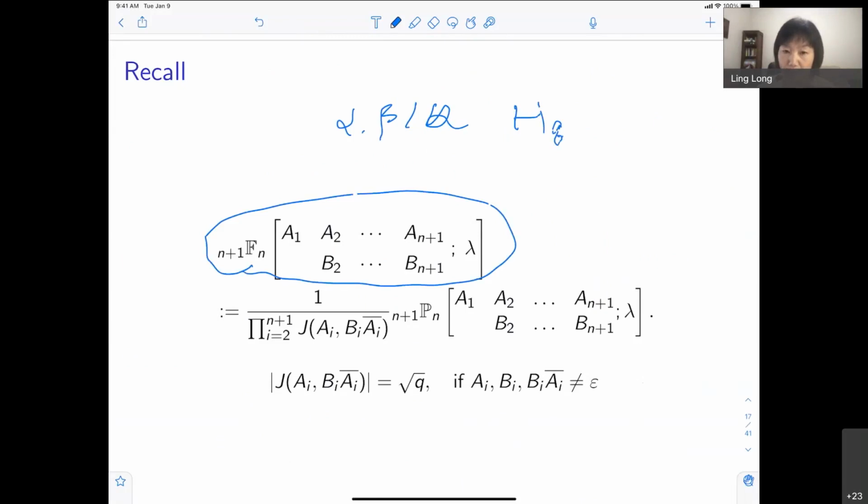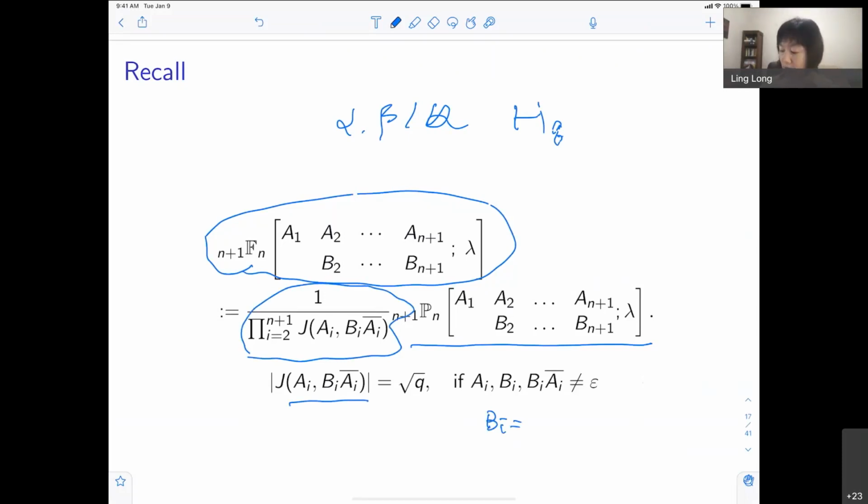So before I get to that, I want to recall how we did the normalization from the period function, which is used in the previous theorem of Katz. In order to get to the normalized version by dividing out by the Jacobi sum, the only thing I want to pay attention to right now is the size. The size of the Jacobi sum a priori is square root of Q, unless I hit, say, any of the B_i being the trivial character.